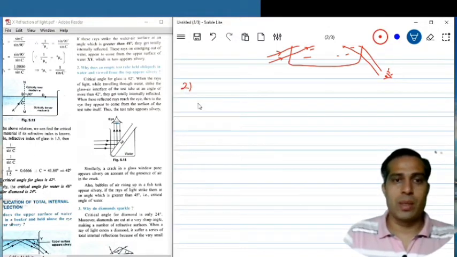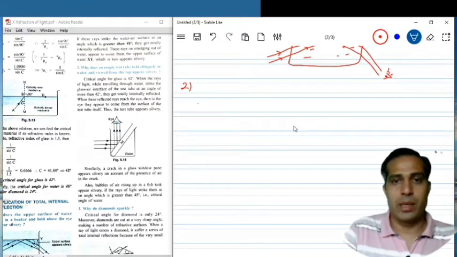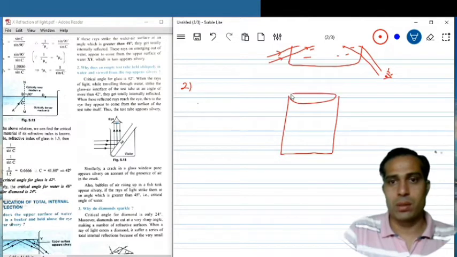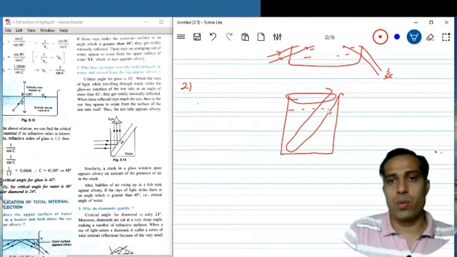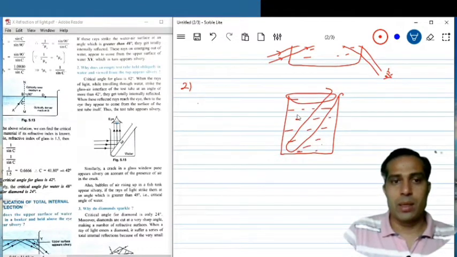Just like this, if you place a test tube in a beaker, suppose this is the beaker which is containing water, and if you place one test tube here like this, this is the test tube, and it is containing water inside.